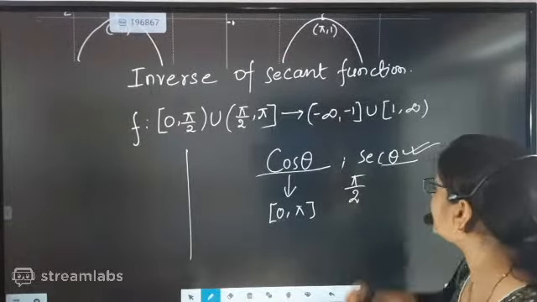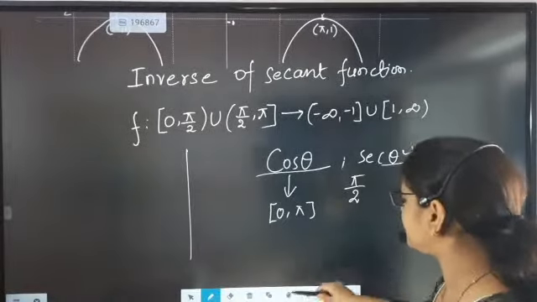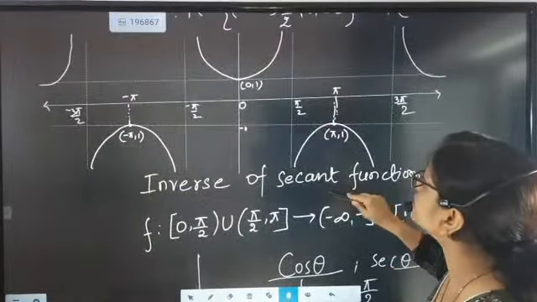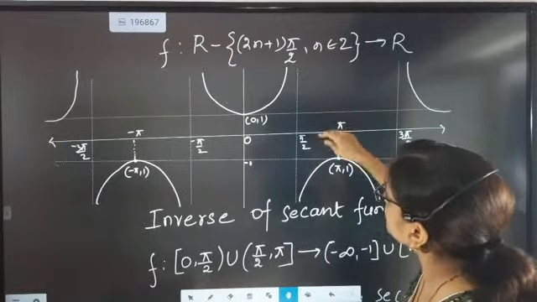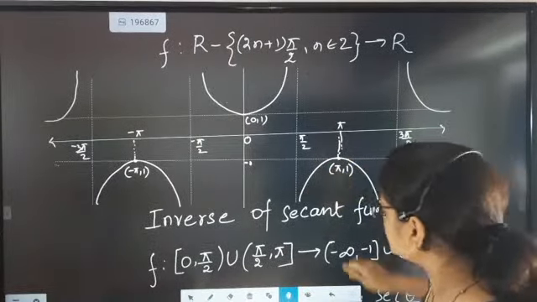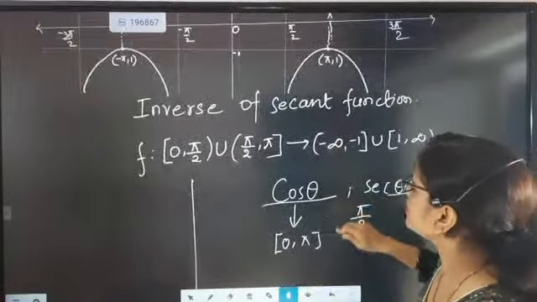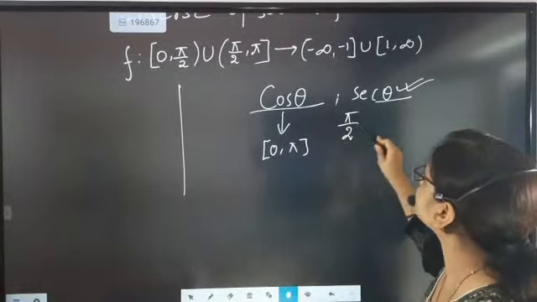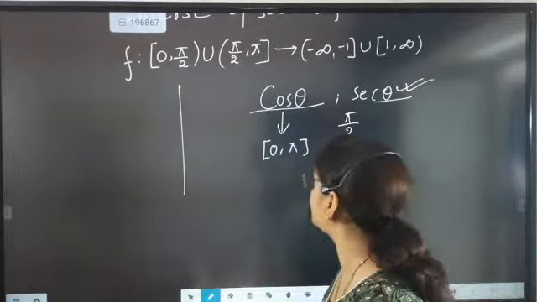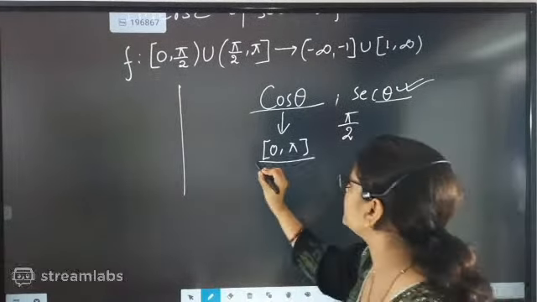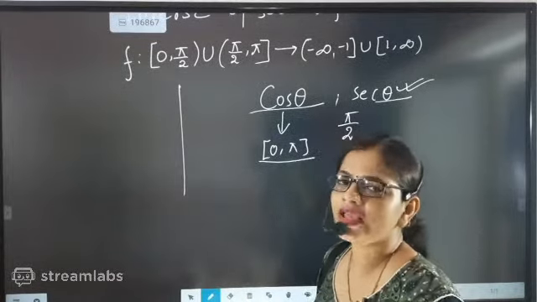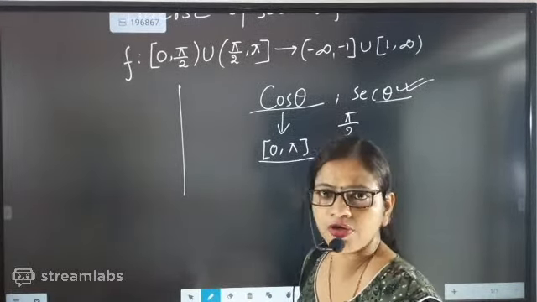There was a reason behind drawing this graph. The reason is to show you that the curve of secant theta breaks at pi by 2, though the cos theta curve is continuous. So what change of domain will make it one-one and onto?